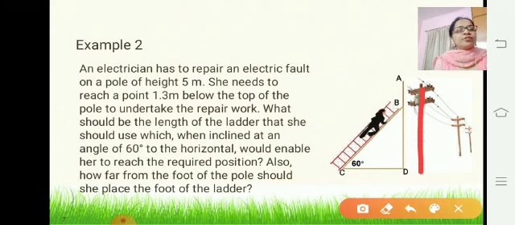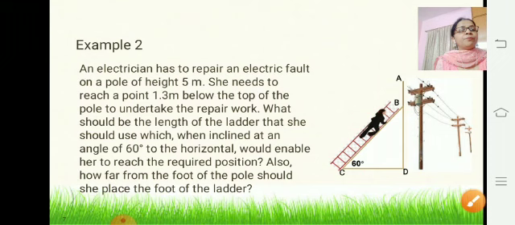She has to reach point B, which is 1.3 meters below the top of the pole. And the angle is given, 60 degrees, which is inclined to the horizontal. You need to find out the length of the ladder and you need to find out the length of CD.